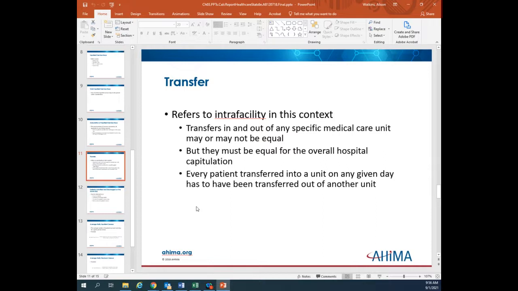The census at the close of day, 11:59 p.m., is an inpatient census at the beginning of the next day and is commonly referred to as the number of patients remaining. So the end of the day is 11:59. If they do census at that point, then 2 minutes later or 1 minute later, then they are the next day's beginning census.